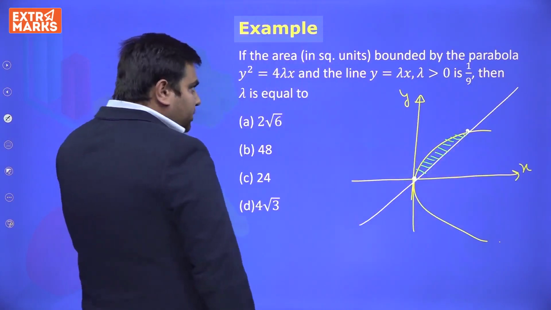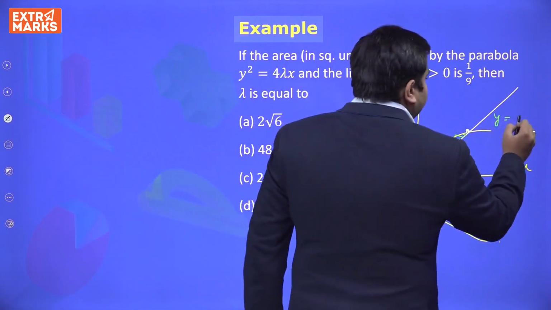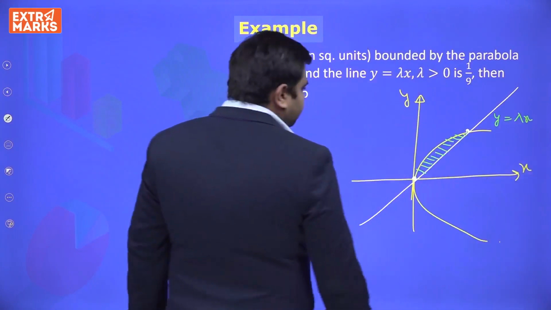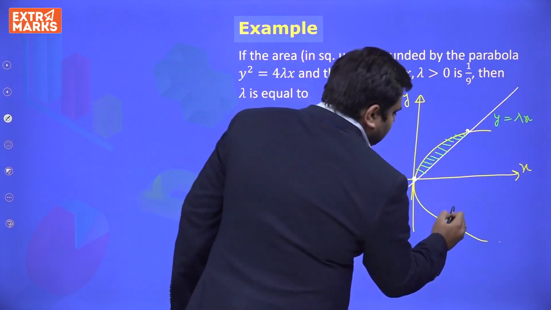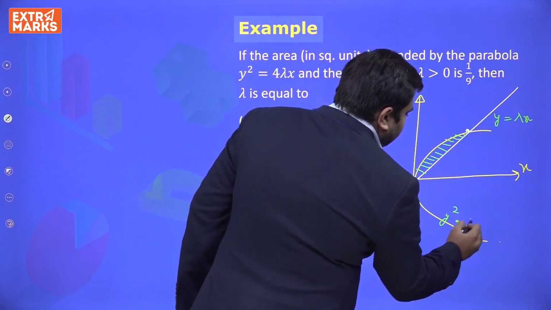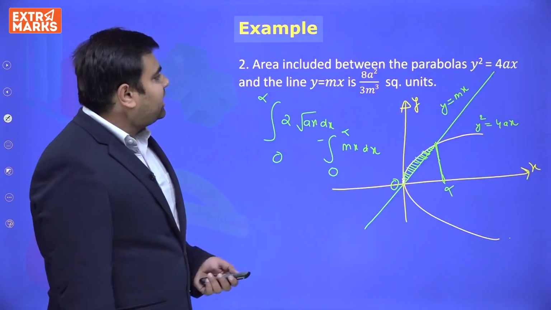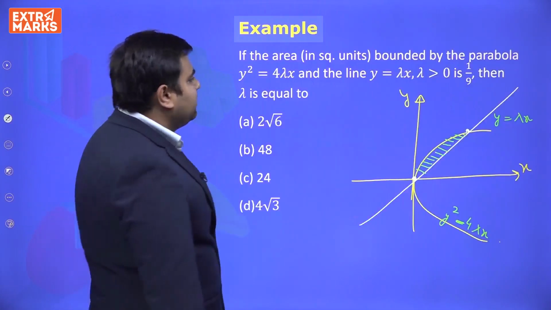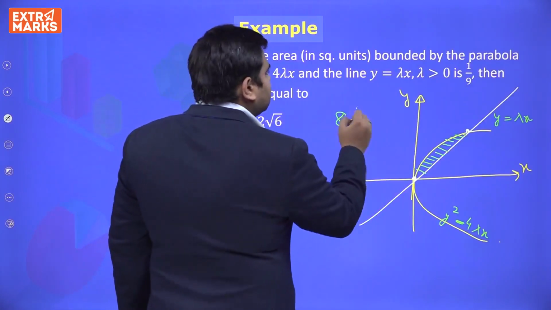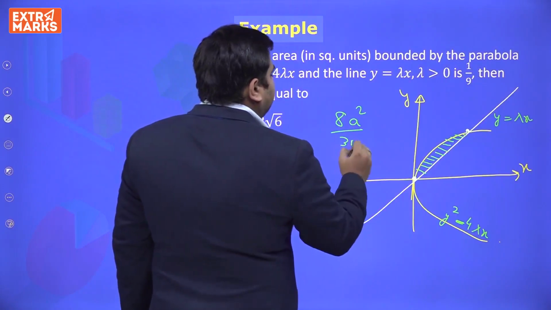So this is y equal to lambda x and this is y square equal to 4 lambda x, right? So what was the area obtained? 8a square upon 3m cube.